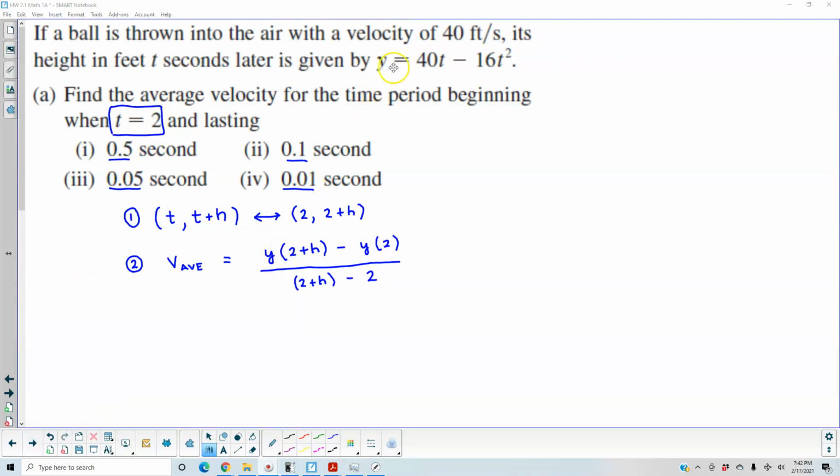The y that we're referring to is the function that's given. So in step number 3, we're going to figure out what the formula is going to look like for the average velocity.